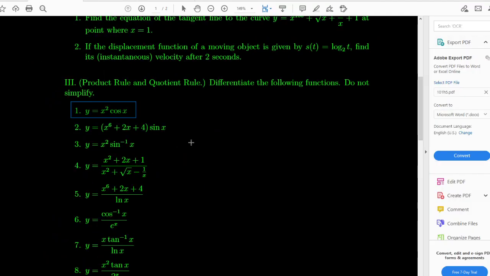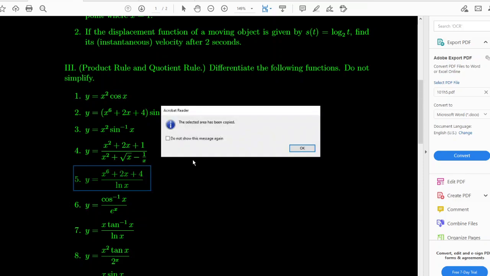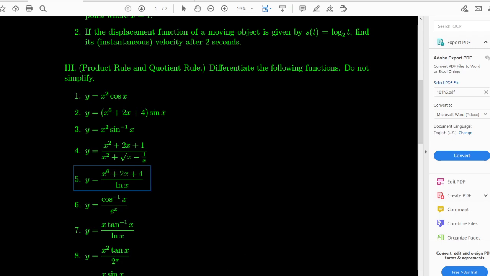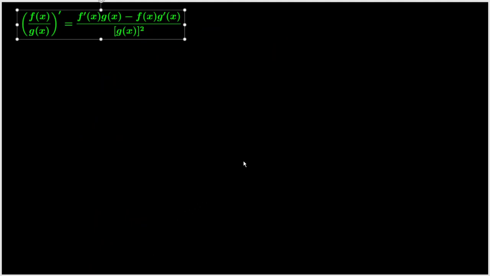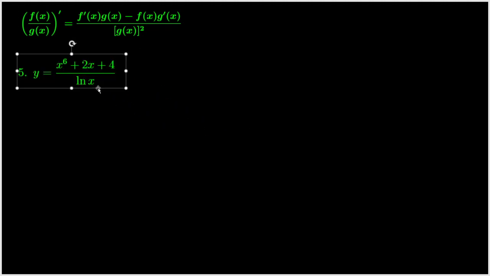Now I'm going to use a question on the handout. Any question you want. So how about we do question number 5. Again, copy the formula first.